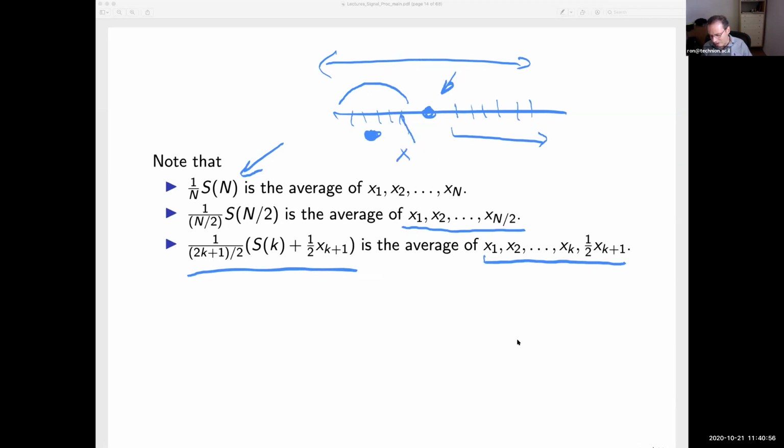So if this would have been x_k, and this would have been x_{k+1}, and this guy is sitting exactly in the middle, so this would be the sum towards the guy in the middle. Okay, so I hope that I've convinced you that something good is happening here.